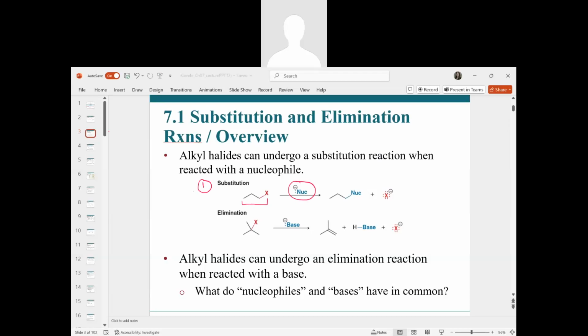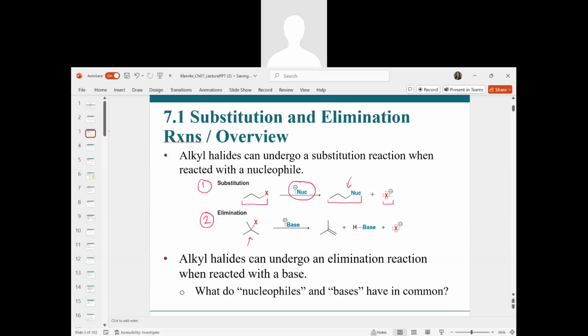And this is actually going to be a nucleophilic substitution, specifically, where the nucleophile displaces that halogen and becomes part of our compound now.